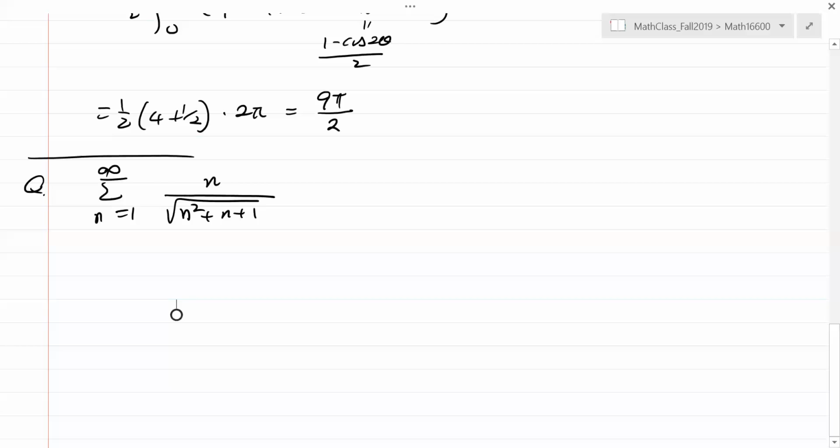You see, A less than or equal to B, B is infinity. Can you say A is infinity? No, because you have to go the other side. It's not easy. If I change the sign, like n squared minus n minus 1, the comparison test may work.